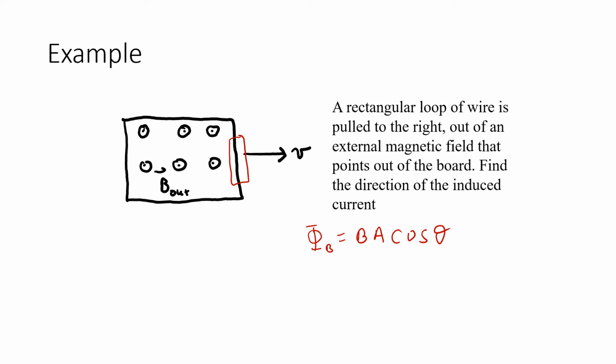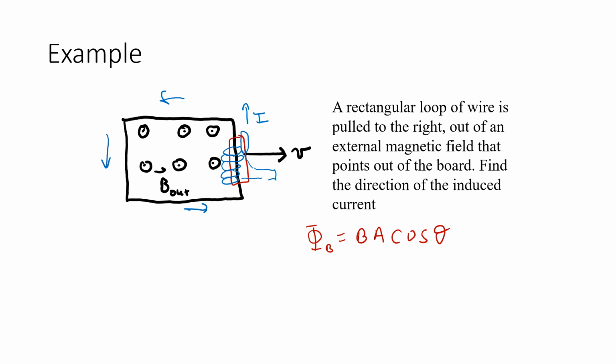These are my fingers coming out, and this is my arm here, and this is my thumb. It's a bad drawing, but there it is. I can see that the induced current is going in this direction, so that means that the induced current is going in the counterclockwise direction.